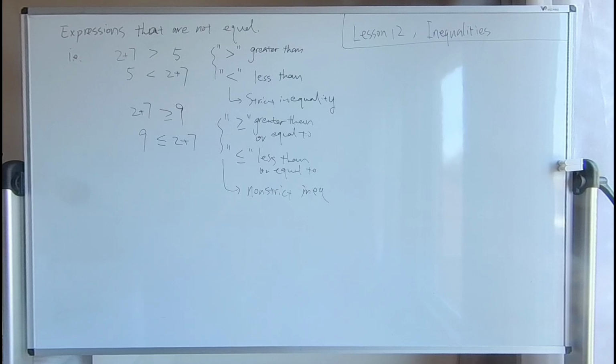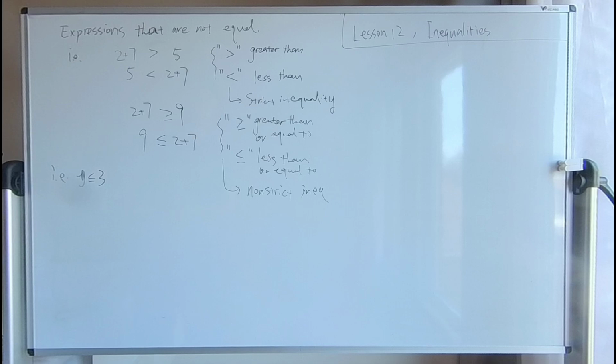Okay, so then let's further demonstrate them on a number line. For example, this time I have y less than or equal to 3. This is an inequality, right? I have a constant term, I have an unknown variable, and I don't have an equal sign, but I have a less than or equal to sign.